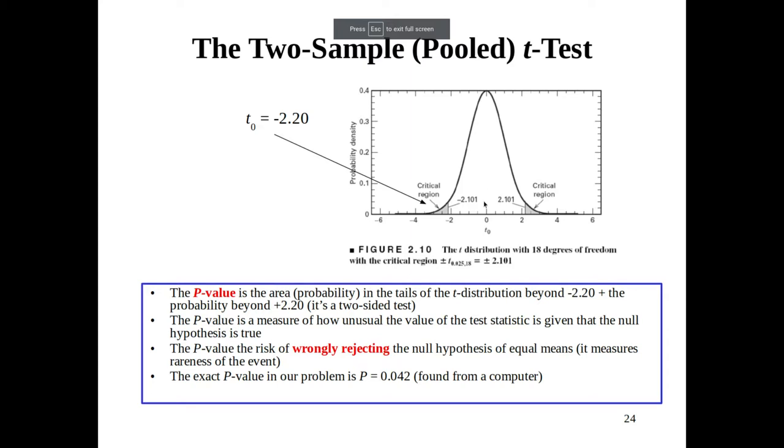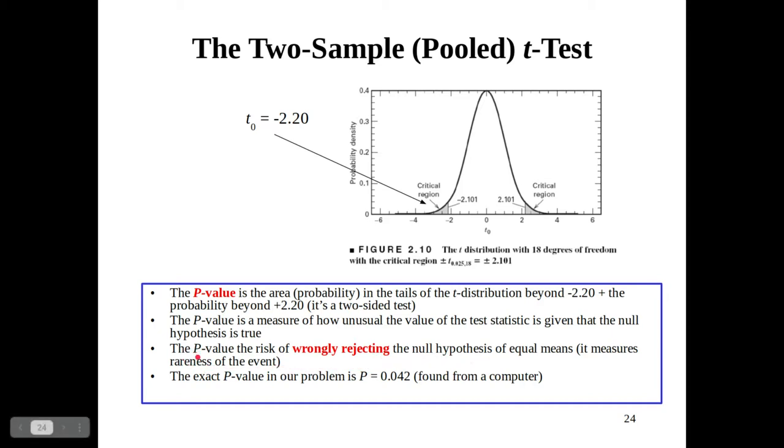But before we do that, I would like to quickly go over this slide here. The p-value is the area in the tails of the t distribution beyond minus 2.2 plus the probability beyond plus 2.2. It's a two-sided test. The p-value is a measure of how unusual the value of the test statistic is given that the null hypothesis is true. In other words, the p-value is the risk of wrongly rejecting the null hypothesis.